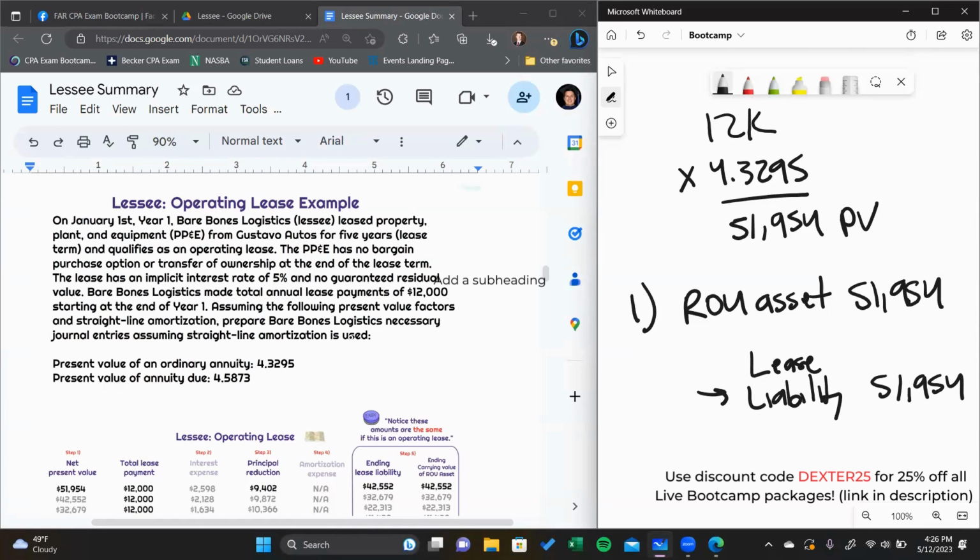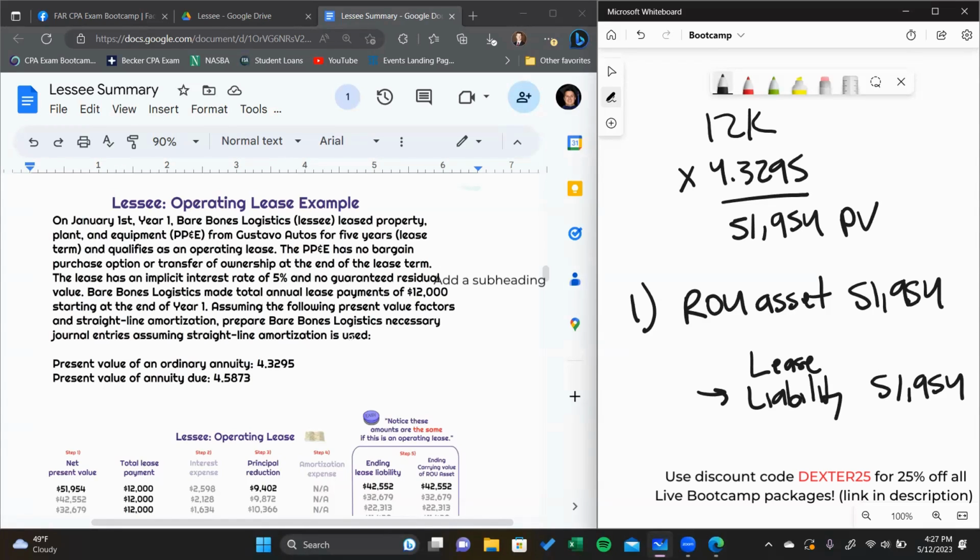Now, with leases, we're really purchasing the right to use the asset. Finance leases are a little bit different, but let's talk specifically about operating leases. We're essentially renting the asset, right? We're not purchasing the right to own the asset or anything like that. We're purchasing the right to use the asset.